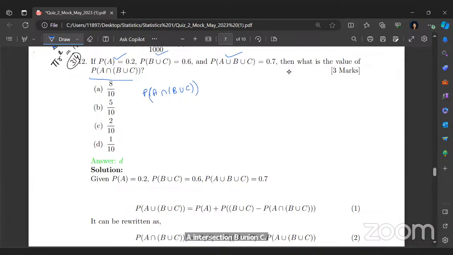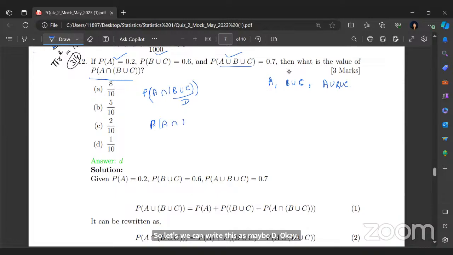So let's define these events. One event is A, and the other event is B union C, which we can write as D. So probability of A intersection D. What can you do to get this relation?